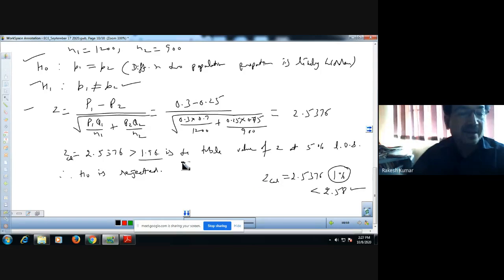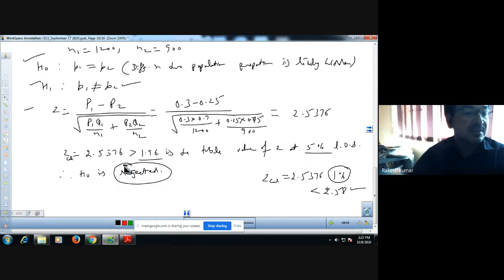But at a higher level of significance, this null hypothesis is rejected. So be very careful while you are doing so. The table of acceptance and rejection at 1%, 5% and 10% level of significance has been given in the book. You can note the standard values from the book.